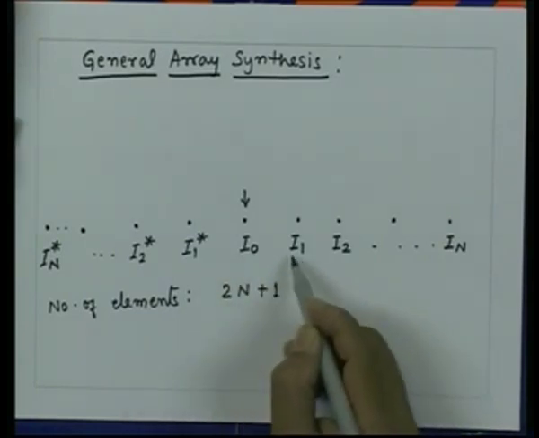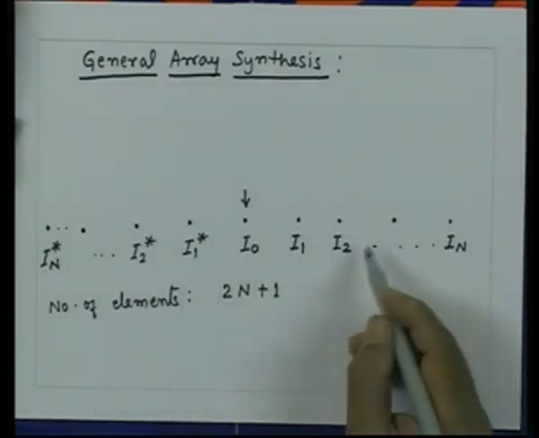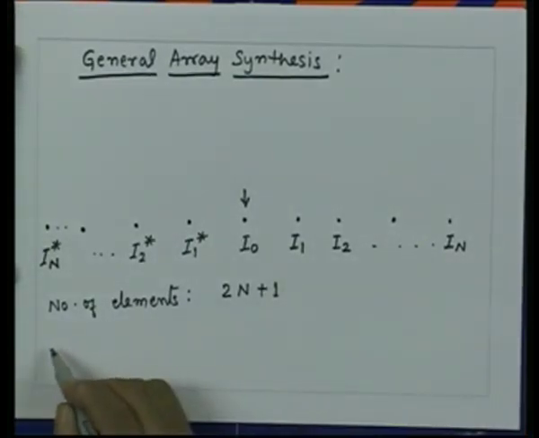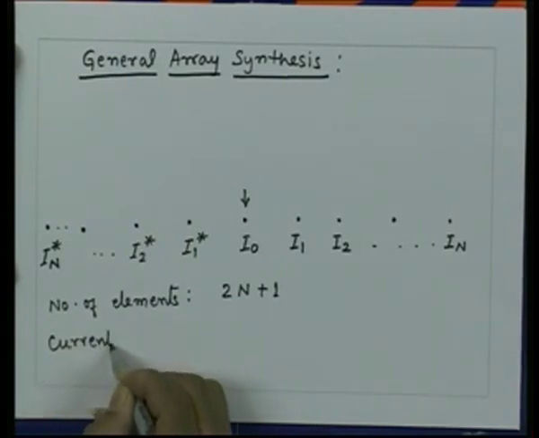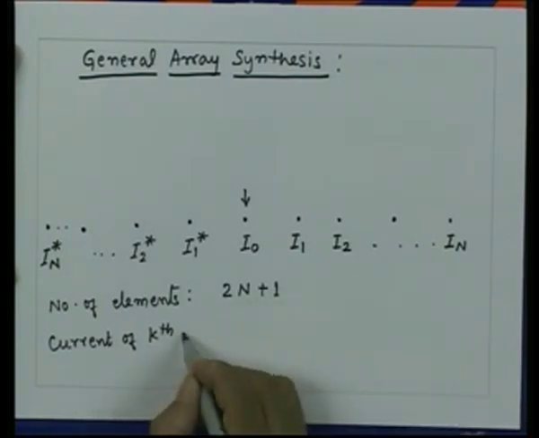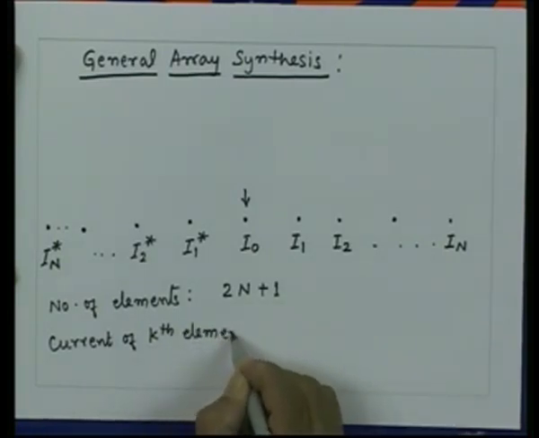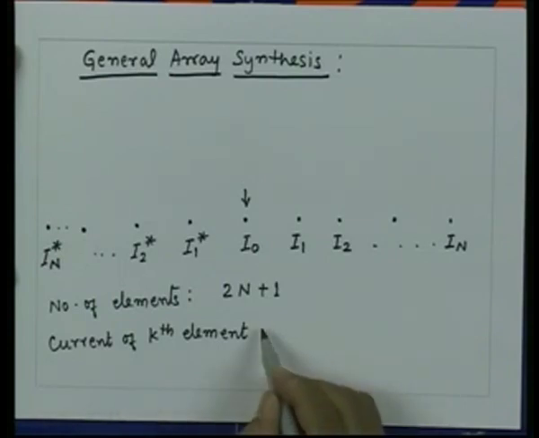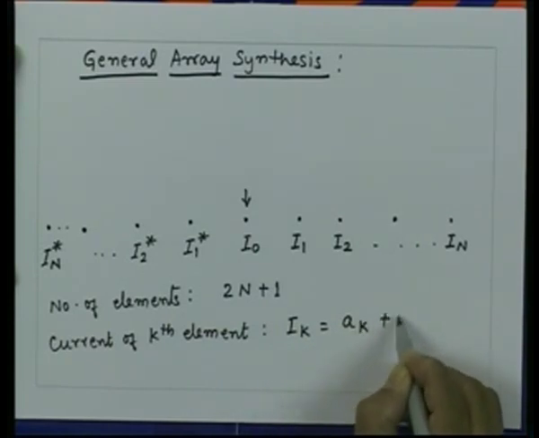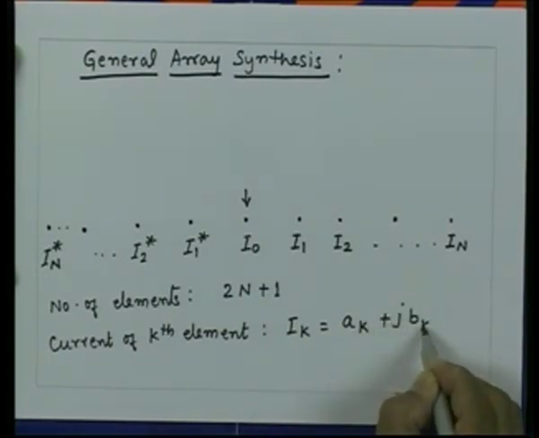Now, I can write this quantity in terms of real and imaginary parts. Explicitly, the current of, let us say, the kth element, that is I of k, is given by a k plus j b k.